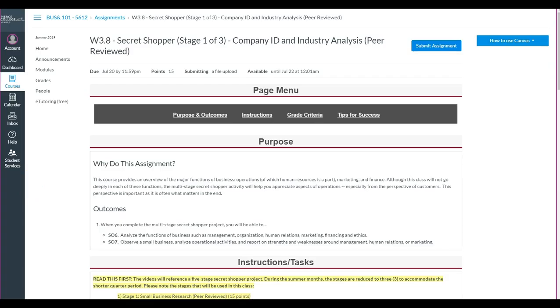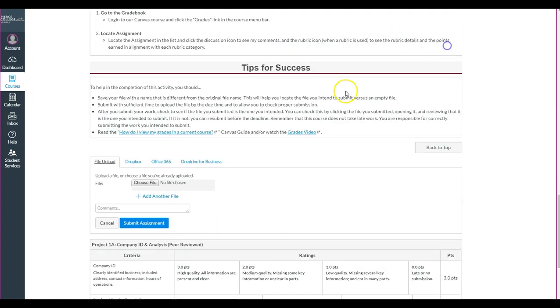Once you're ready to submit your file, you'll go back to the assignment and click a button called Submit Assignment here, and it'll take you to an area where you can file upload. And you will choose your file by using this button, and you may leave some comments for the instructor if you wish. And after you do that, go ahead and submit the assignment.